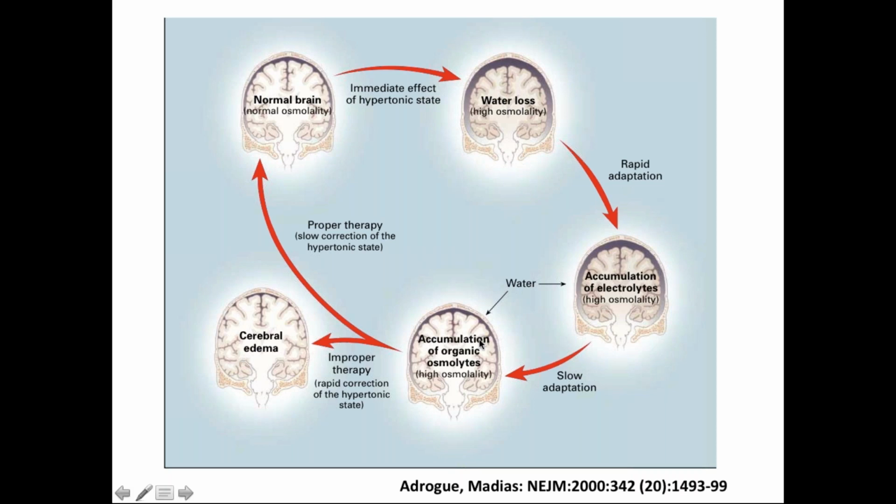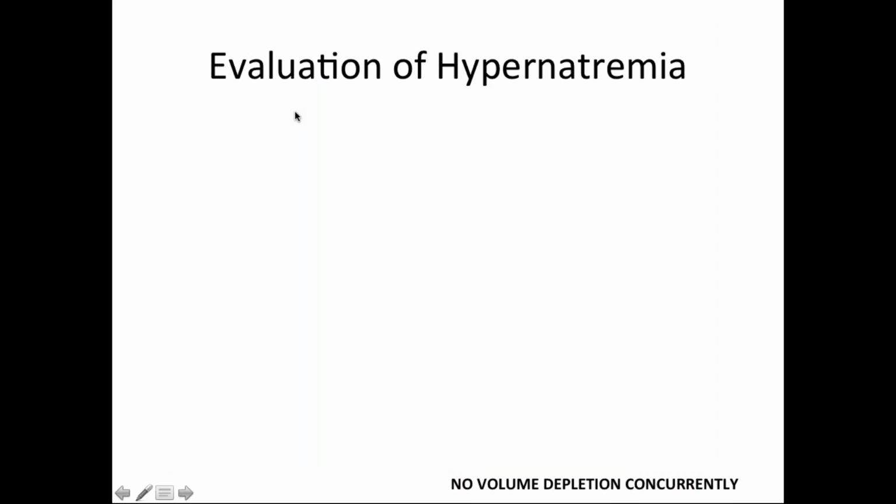So now when the brain has adapted, if at this point we give rapid correction, then what we get is cerebral edema and we can get poor outcomes and have recurrence of those symptoms of seizures and coma due to this cerebral edema. However, if we do a slow correction, then the brain adapts while we are correcting and it comes back to a normal brain with normal osmolarity.